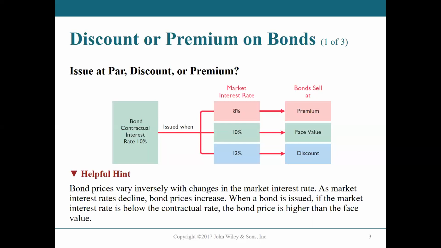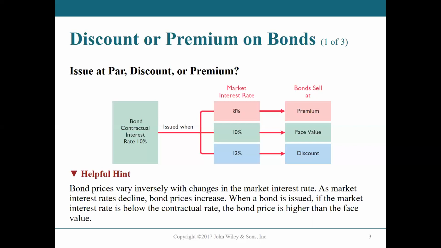Those individual investors get a bond certificate that in essence guarantees them a certain interest rate based on the amount that they invested, whether it's, say, $1,000, and then also guarantees them the face value of that bond back at the maturity date of the bond. So that's how a bond works.